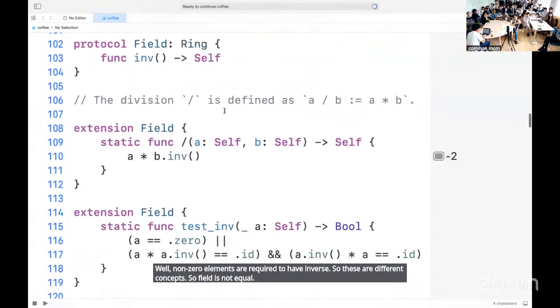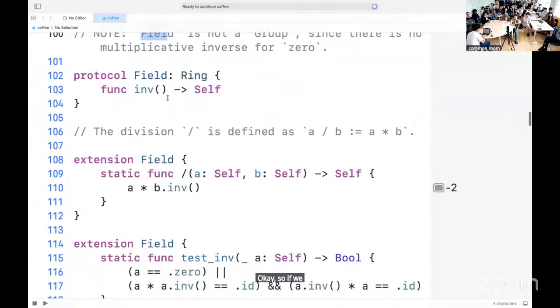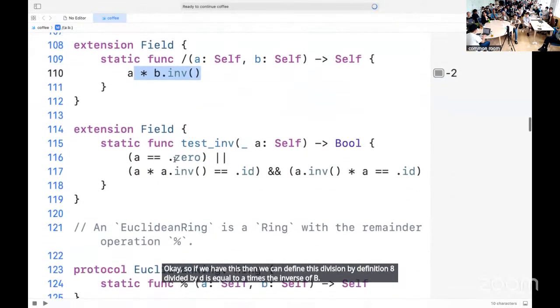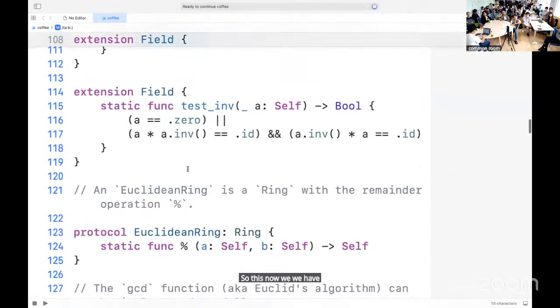Anyway, if we have this field, then we can define division: A divided by B is equal to A times the inverse of B. So now we have this abstract type called field.